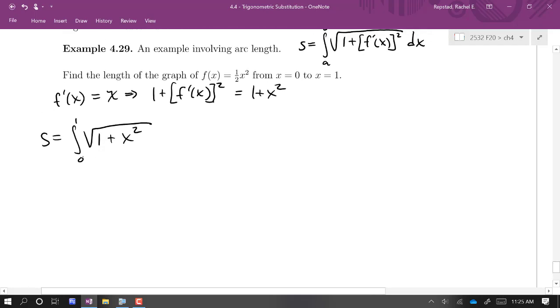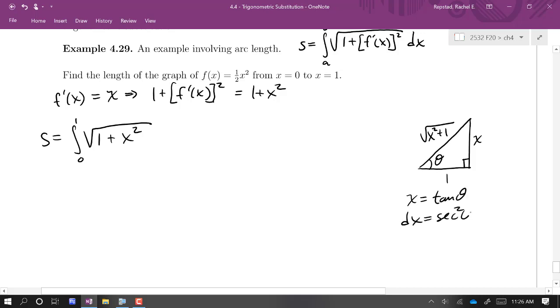So if we're going to use trigonometric substitution here, we've got this sum of squares in the radical, so I'm going to draw the triangle. We know that the hypotenuse has to be the radical. I'm going to label the vertical side as x and the bottom side as 1. Using SOHCAHTOA, we know x is tan theta, and so dx is secant squared theta d theta.